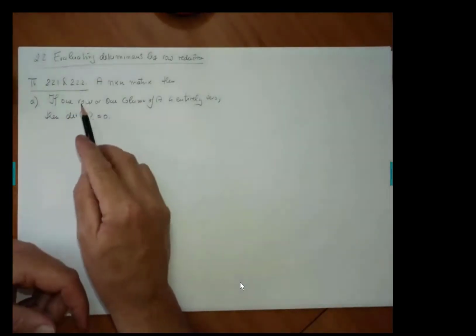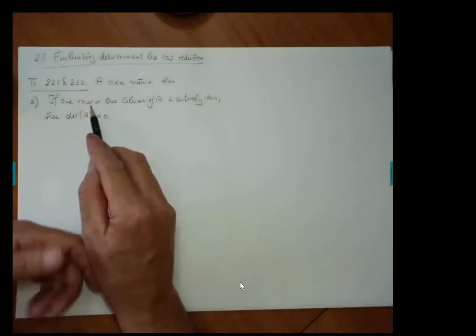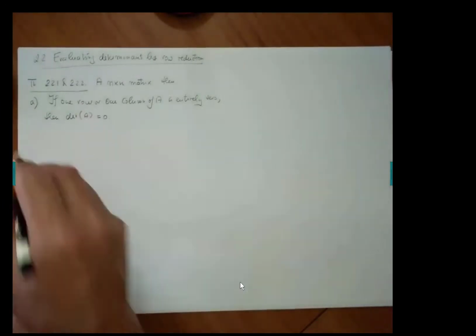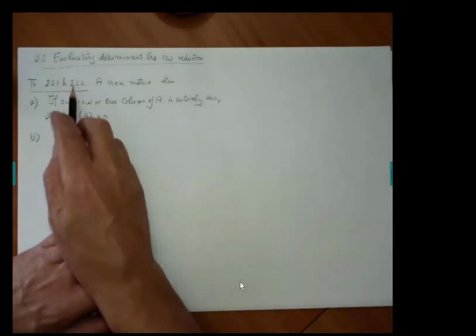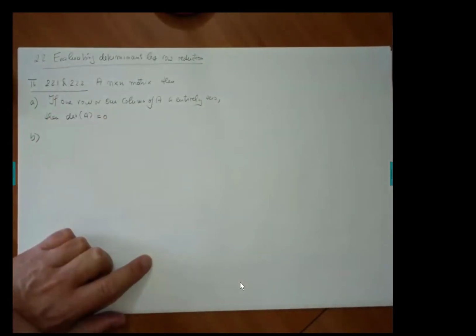That's kind of obvious, because if we have a row with really only zeros, then we just use this row for our expansion. And the next property, that's 2.2.2 in your book, is we can use expansion with respect to rows or columns. So row or column for a determinant really doesn't make a difference.